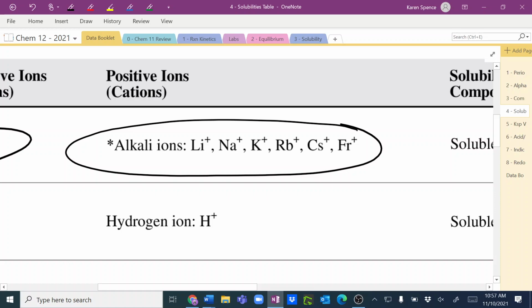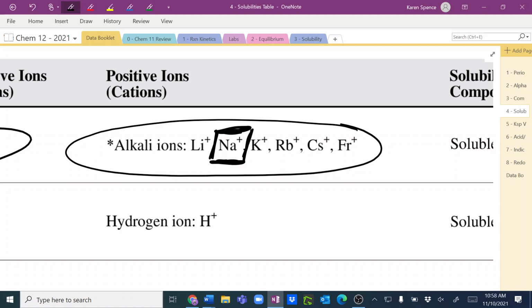If you had to pick the most common alkali metal, what would you choose? Sodium. So to make your life simple, just always pick sodium as the partner. Would it be wrong if you picked potassium instead? No. But if I give you too many choices, sometimes that becomes a little overwhelming, because then you have to remember more than one thing.